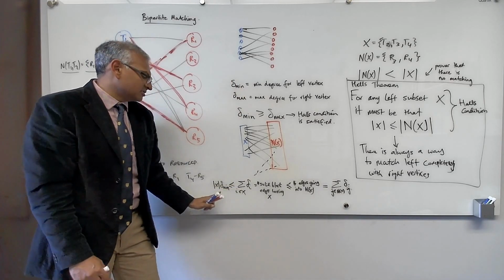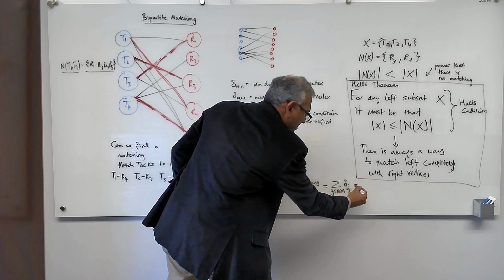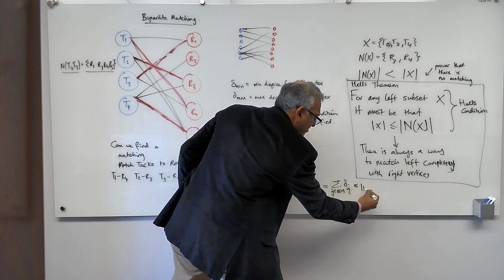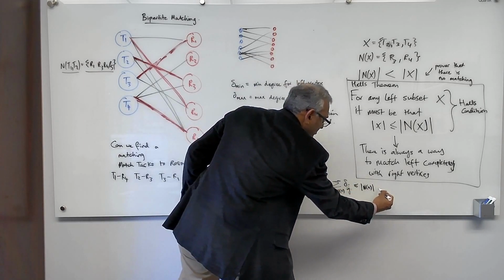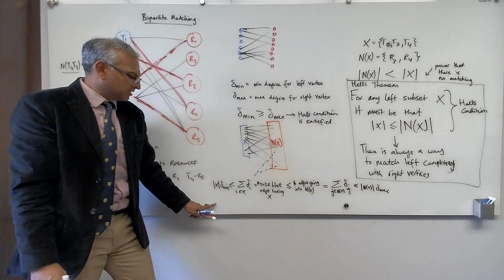And this is at most the size of N of X times delta max, because delta max is the maximum possible value for that degree.